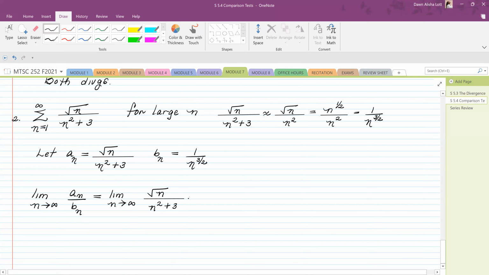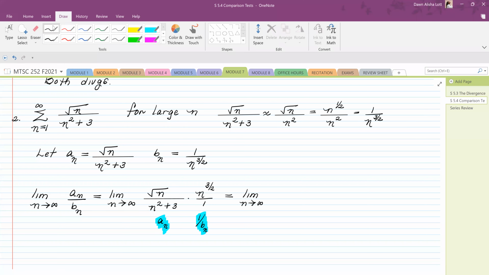And when you divide by a fraction, you multiply by the reciprocal. So you get n to the 3/2, obviously over 1. I'm only writing that for those who need to see it. So this right here is an, and this is 1 over bn.